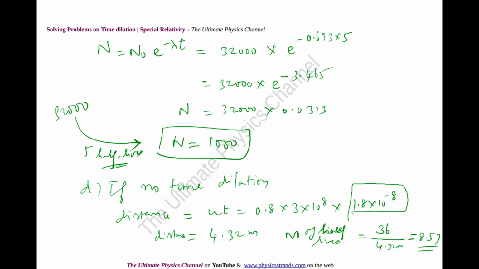Okay, so therefore, again we are using the same equation. The total number that would remain is equal to the total number originally there times e to the power minus lambda t, where lambda is the decay constant, which is 0.693 over t half, and t is roughly 8 half-lives.